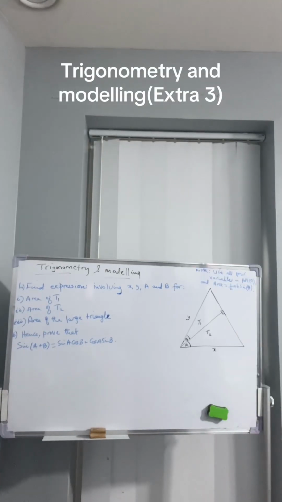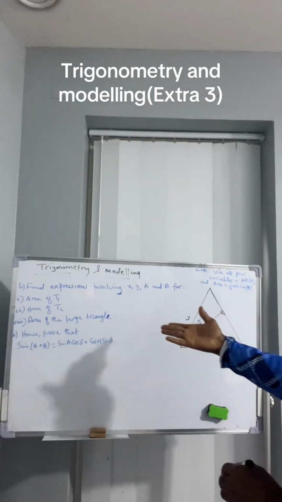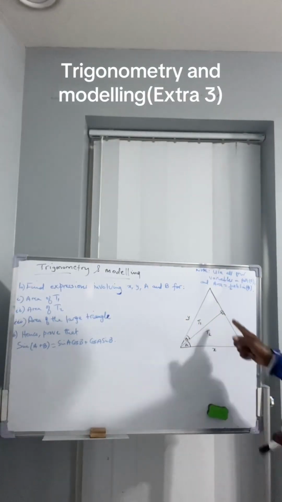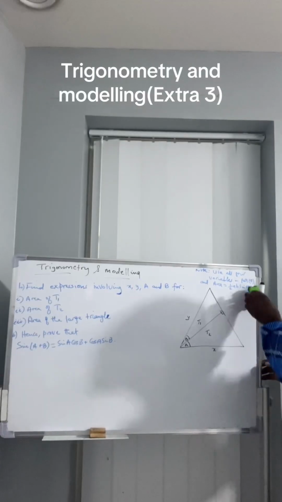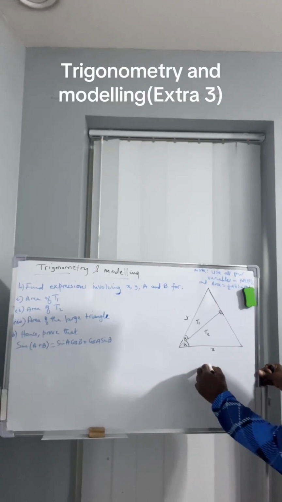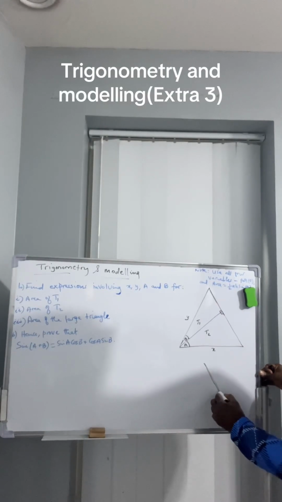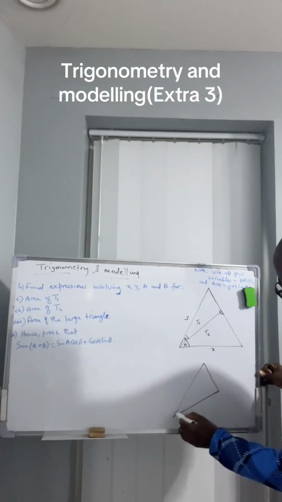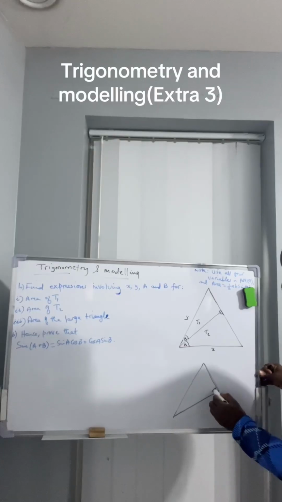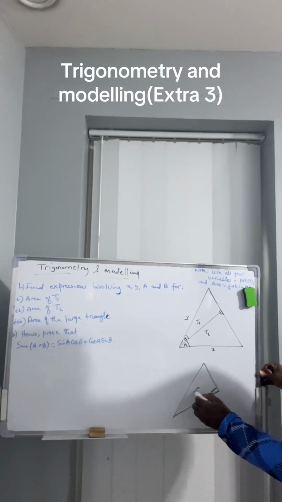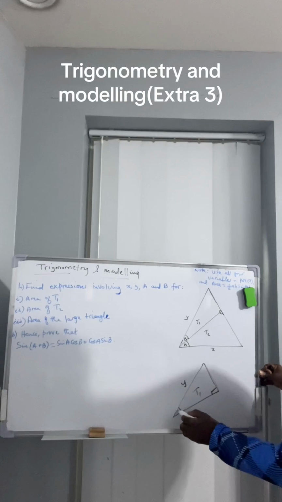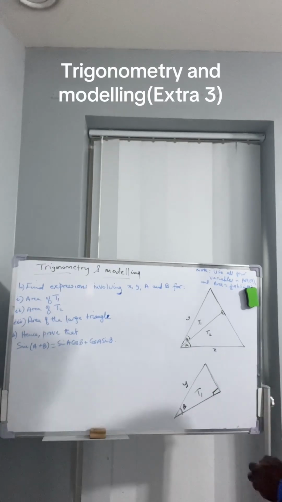Fine. Now let's find the area of T1. That is this triangle here you see. T1 is this triangle. This is triangle T1 and it has Y here and is given B as the angle.